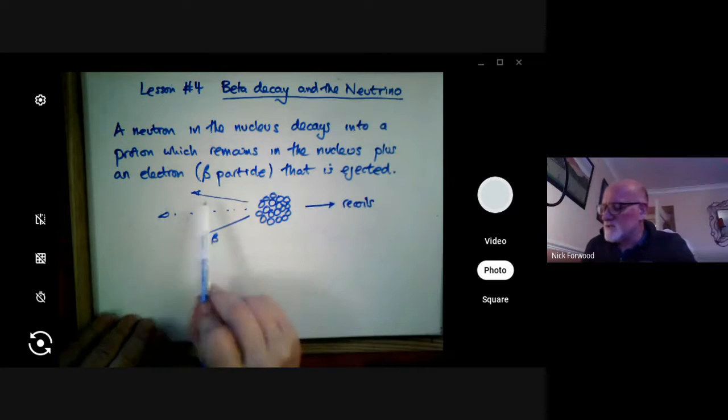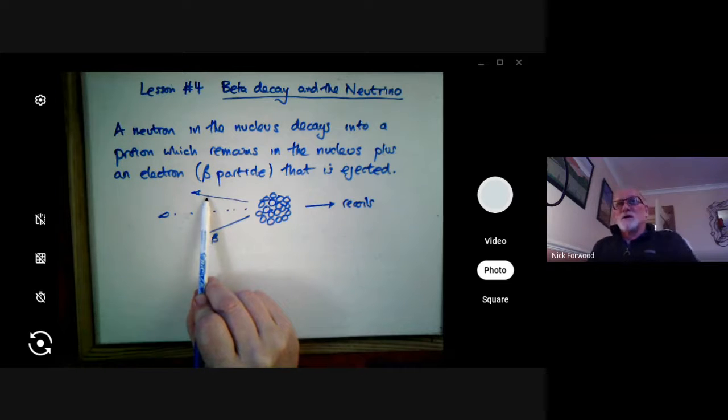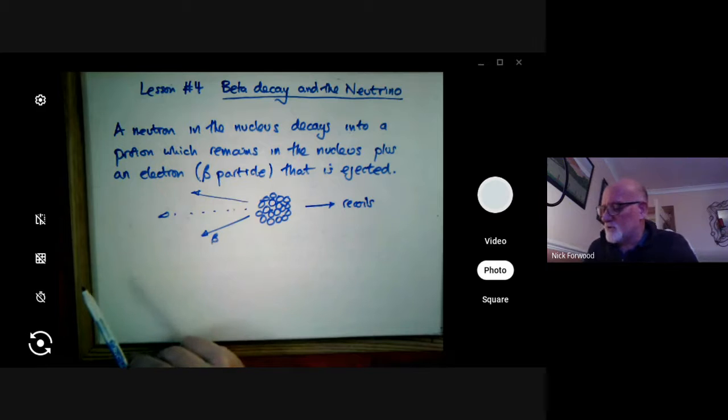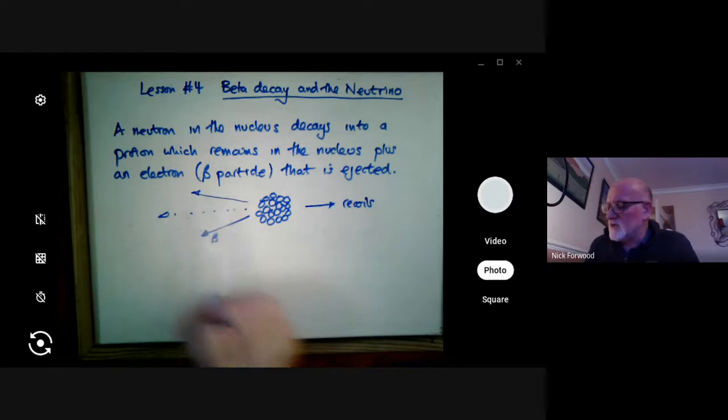So it's as if this new particle has no charge and is very small, and it's got a very small mass. Well, in fact, it may have zero mass, and this is another thing that is quite modern with physics. We're not sure as physicists whether this neutrino has any mass at all, or whether it's just very, very small.